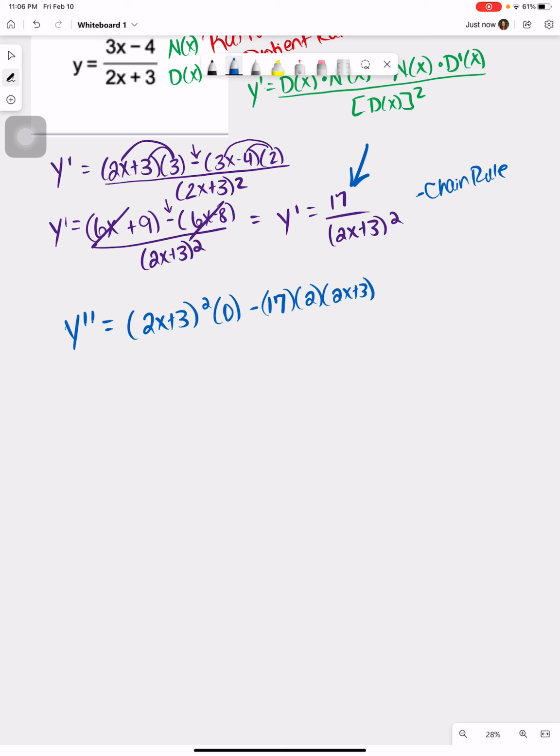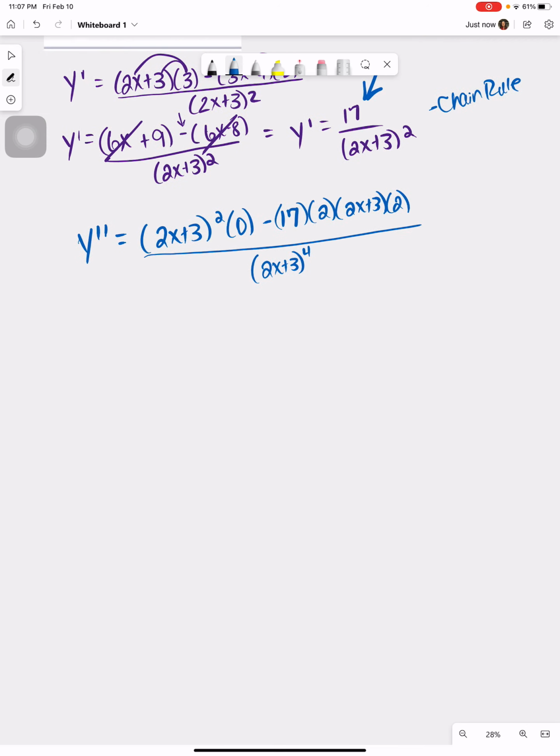Then times the derivative of the inside, which is also 2. So that's the top times the derivative of the bottom. Then we divide it all by that denominator, 2x plus 3 squared, squared, so that will become the 4th power.